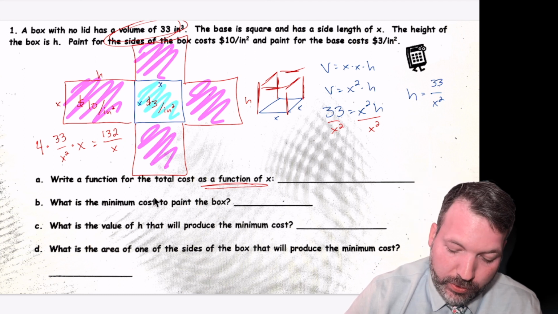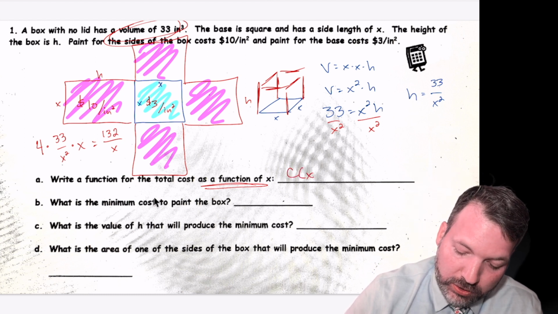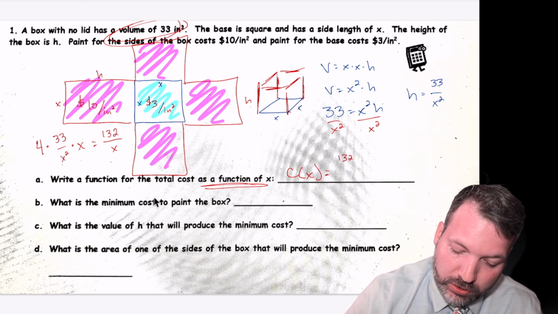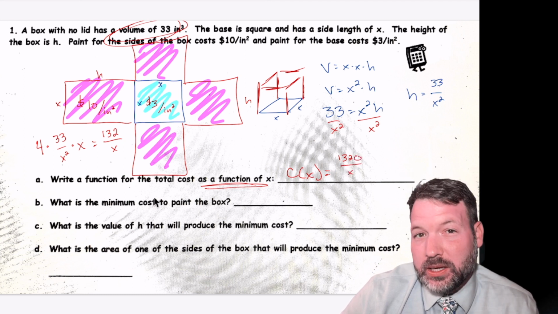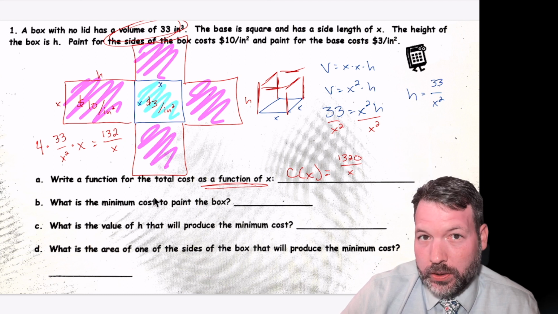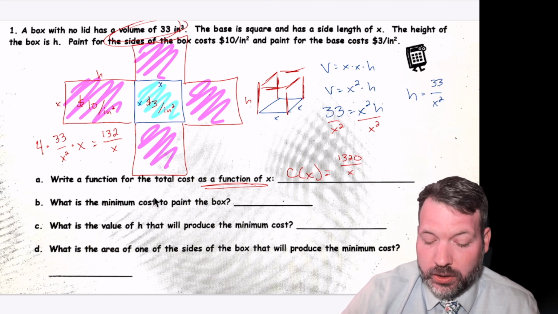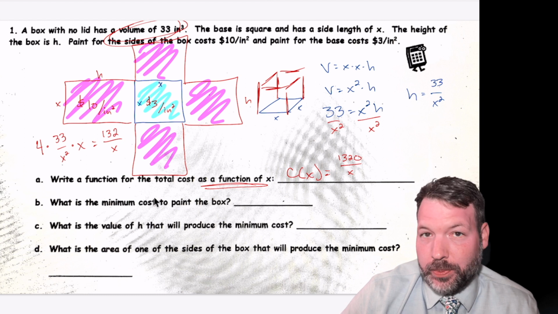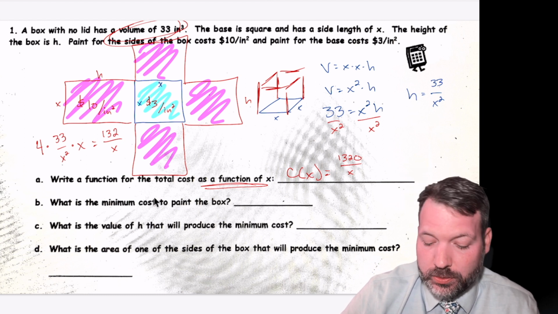And then, of course, we want to multiply by 10. So if we're keeping track of our cost function, we've got 132 over x times 10. 132 times 10 is 1320. And so that should be the cost for all 4 of those purplish rectangles there, the ones that are originally h by x. But again, we have now stated them in terms of x.